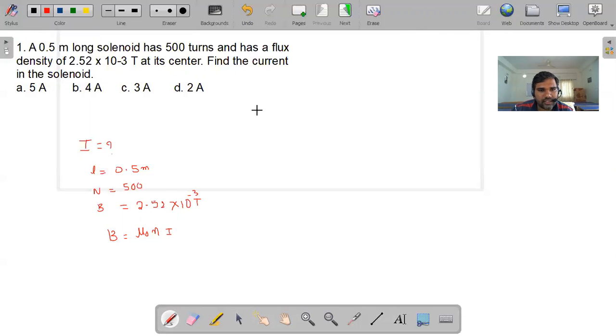So small n is equal to number by length. So here number is 500 by 0.5, which can be written as 5000 by 5. That is equal to 1000. So 1000 per unit length.